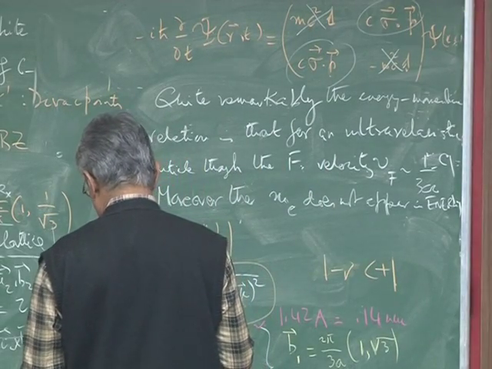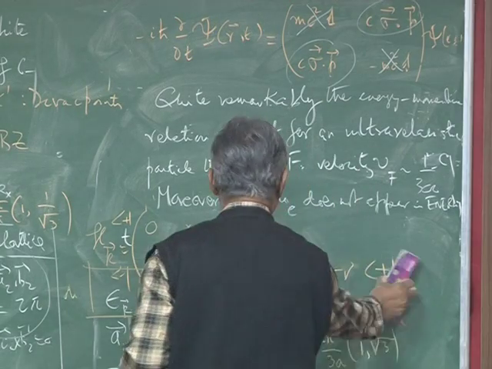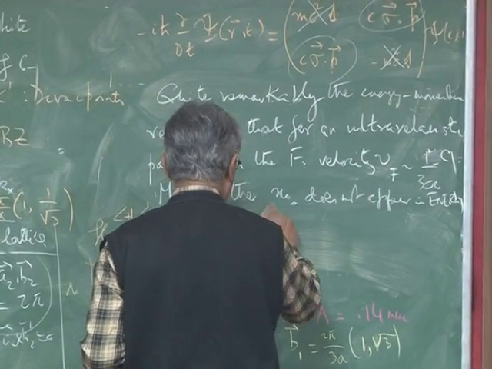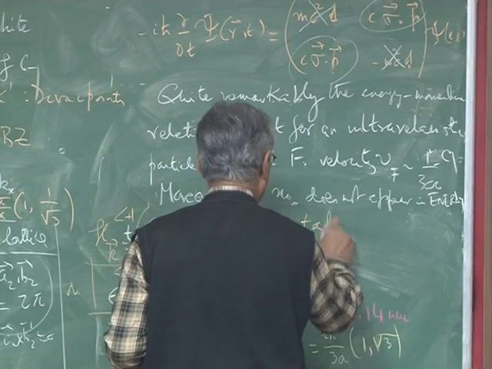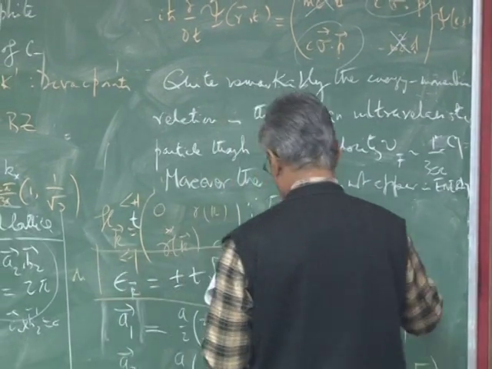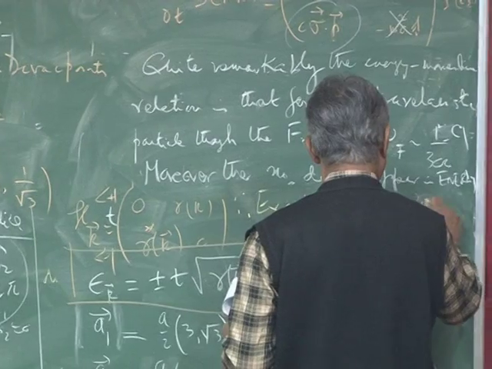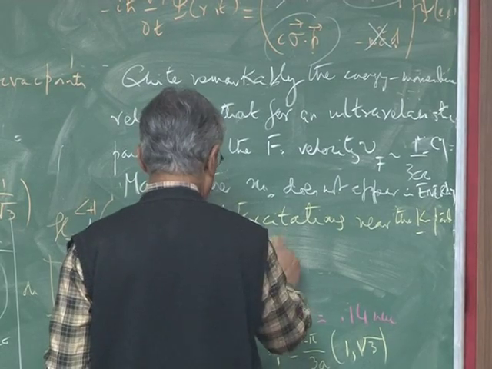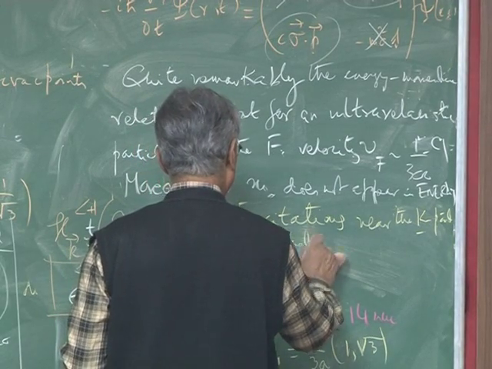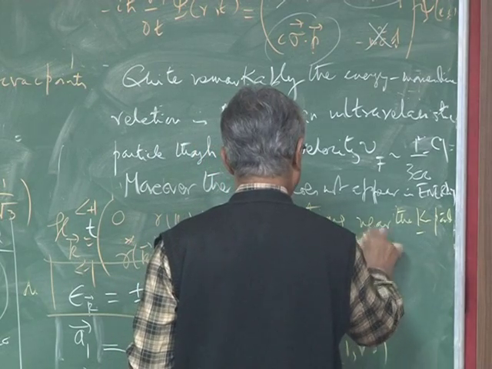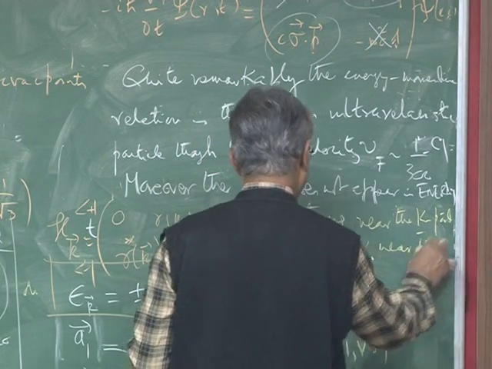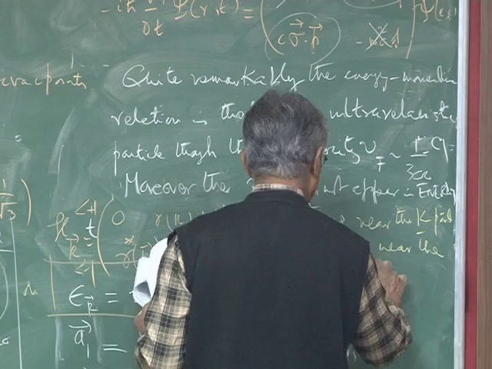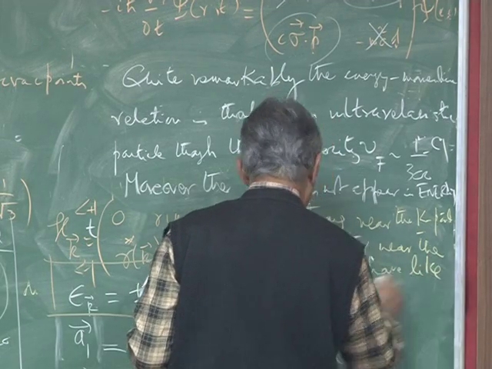Which means that consequently, excitations near the K point, or for that matter near the K prime point, behave like massless Dirac particles.